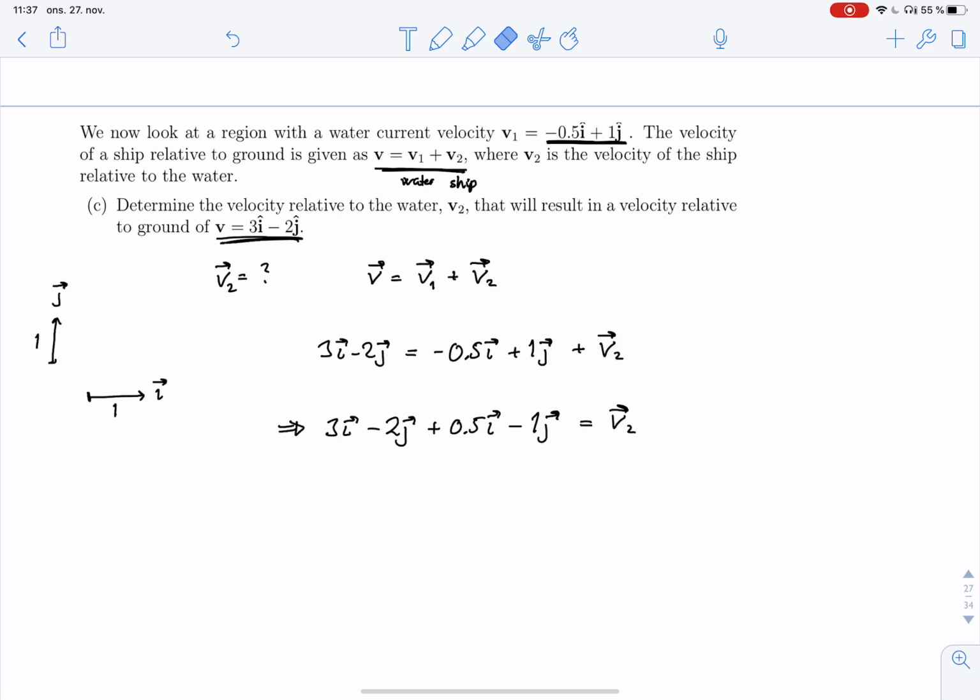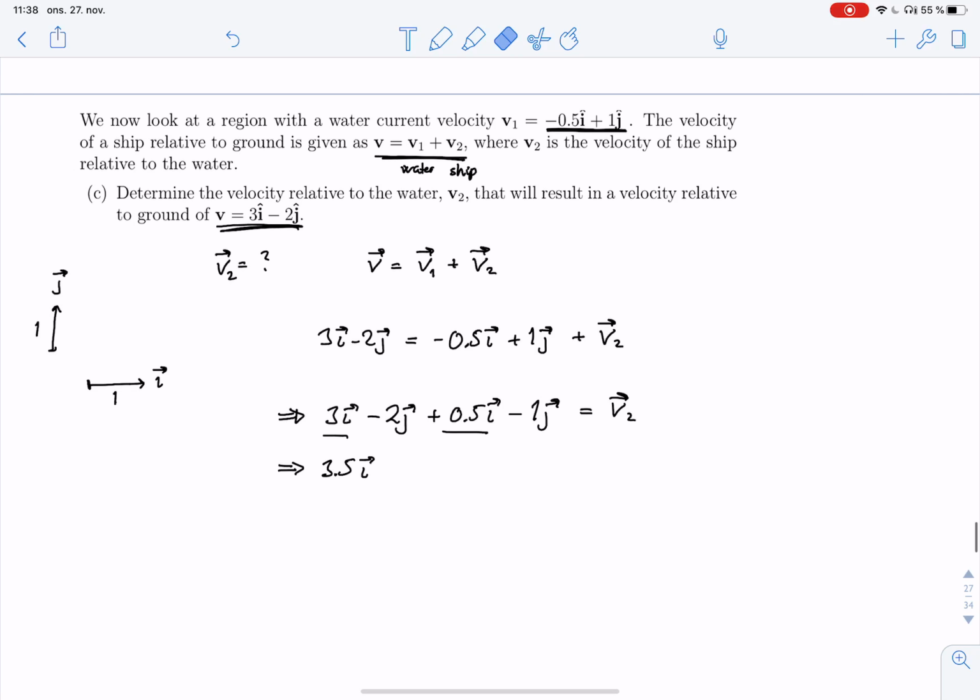So we cannot add something going east with something going south or north. We can only add east to east and north to north. So here we have 3I plus 0.5I. So those can be added. And we have minus 2J and then minus 1J. So those can be added.